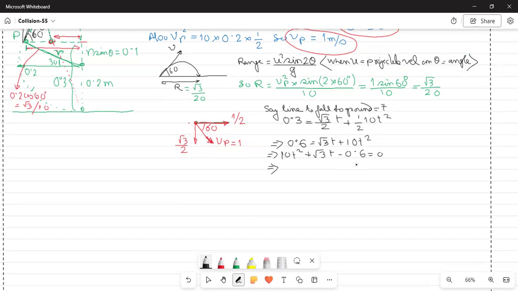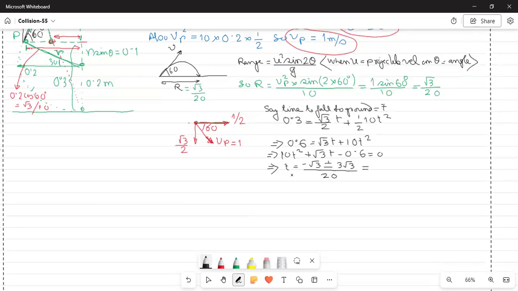You use the formula minus b plus minus under root b square minus 4ac by 2a. So T is equal to, I'm just avoiding one or two steps in between, minus root 3 plus minus 3 root 3, divided by 20.